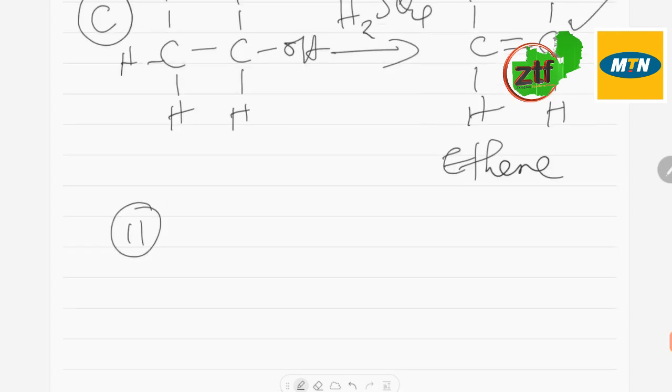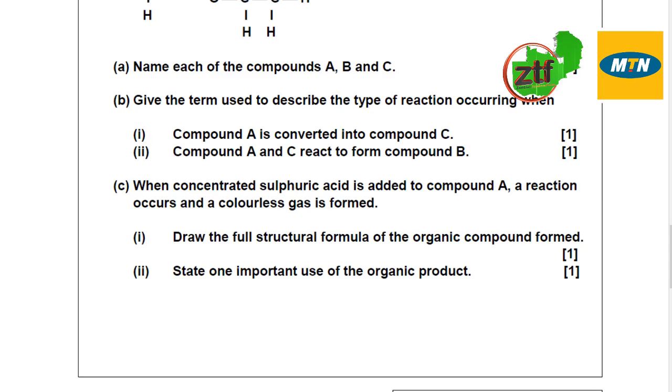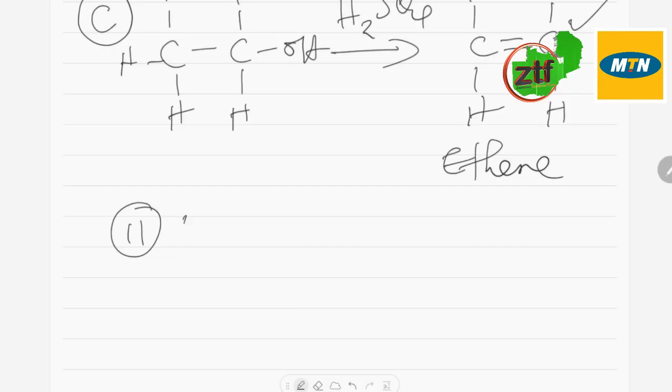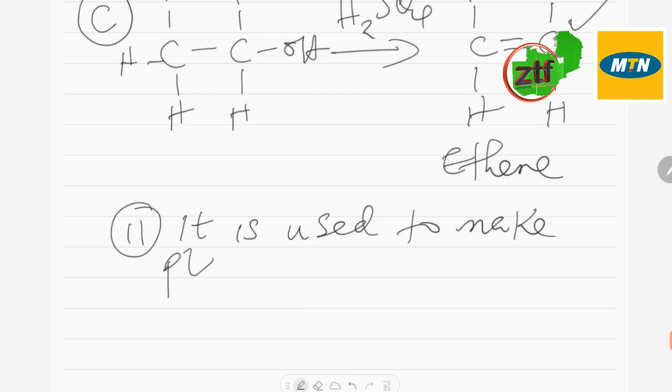Let's look at the last part of the question, which is C2. State one important use of the organic product. One important use is it is used to make plastics such as polyethylene.